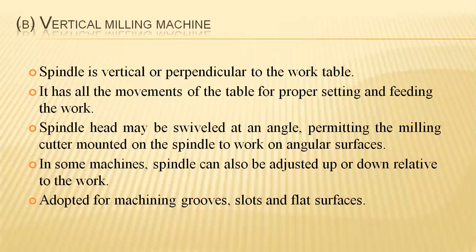And it is even adopted for machining grooves, slots, flat surfaces, as separate machineries cannot be utilized, and almost all the working processes can be considered in this vertical milling machine itself.